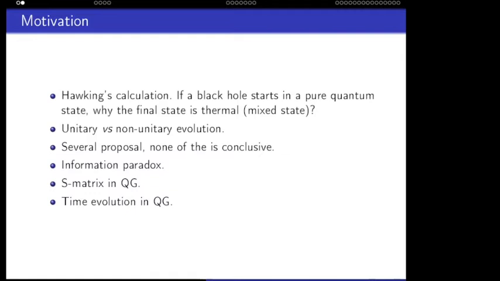This is really not conclusive from my point of view, because in the end, to be sure that the evolution is unitary, as we expect, what we have to compute is the transition amplitude between the initial and final state, and not the Hawking curve. So first, I'm going to present.